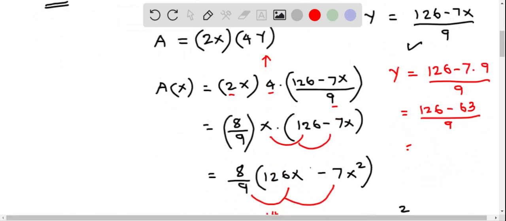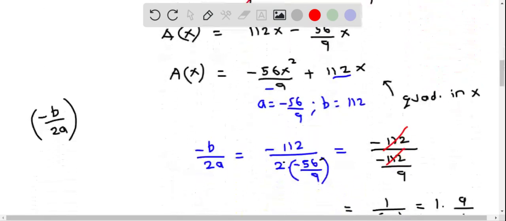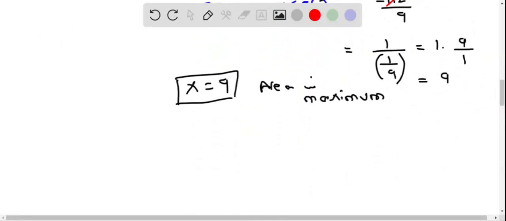And this equals 63 over 9. Therefore, this is equal to 7. So now we have the values of both x and y. So let me write down the value of y. y equals 7 meter, and x is also in meter.